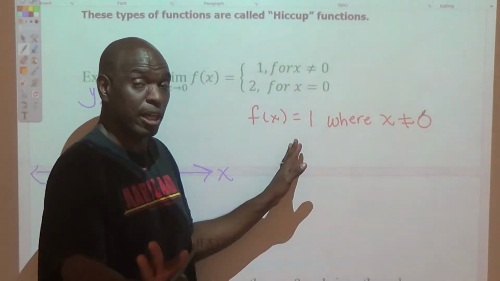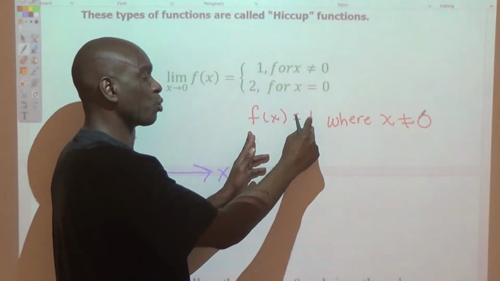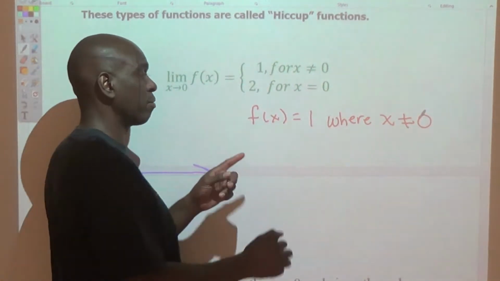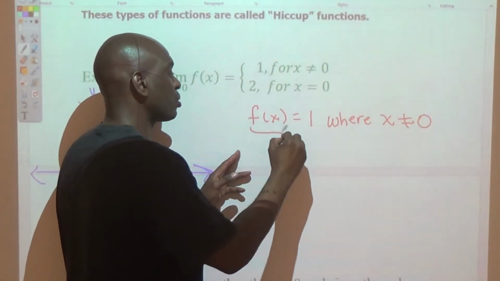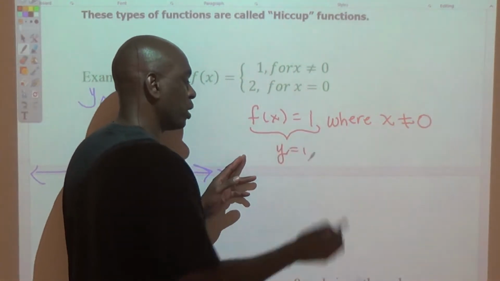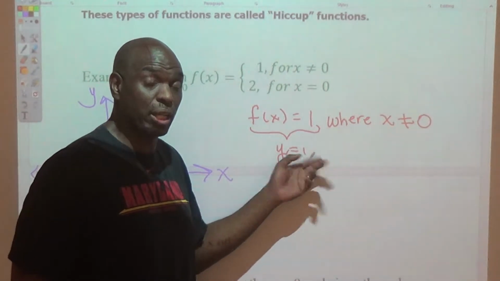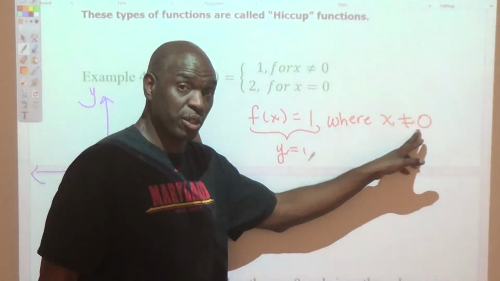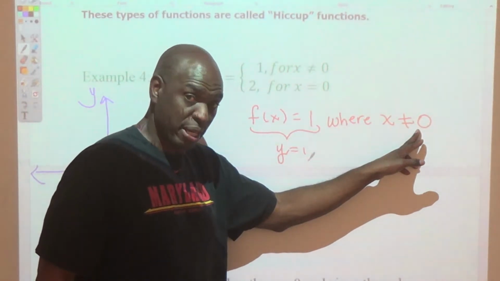Let's graph that. Now, f of x equals 1, that's the same thing as y equals 1. So this also can be considered simply as y equals 1. Let's graph the function y equals 1 with no x value at 0.